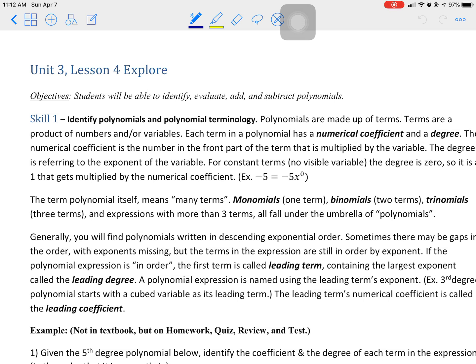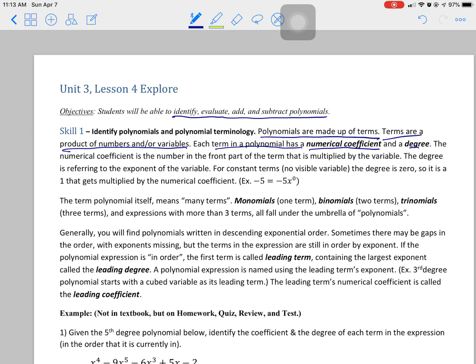All right. So for Explore, we want to talk about identify, evaluate, add, and subtract polynomials. So what is a polynomial? Polynomials are made up of terms. Terms are the product of numbers and or variables. Each term in the polynomial has a numerical coefficient and a degree.